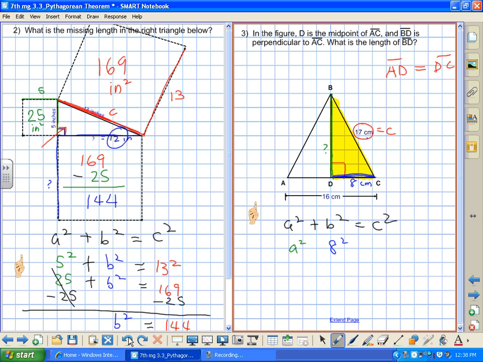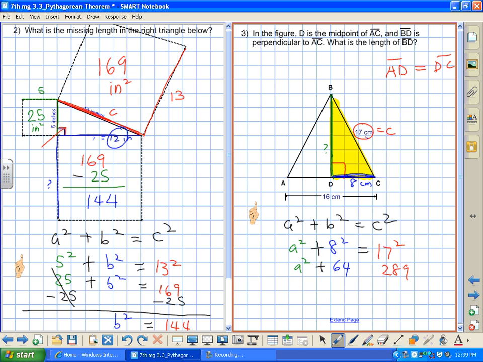My C is the 17, which was my hypotenuse, so 17 squared. A squared plus B squared has to equal C squared. We start doing the math. A squared doesn't change. 8 times 8 is 64. 17 times 17 is 289.